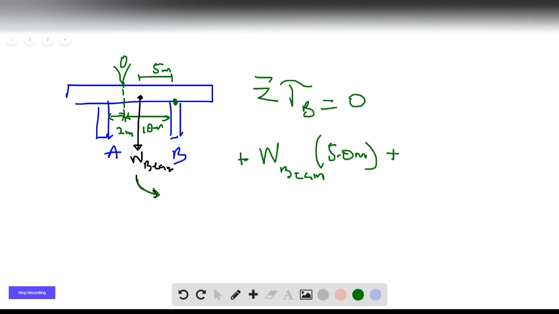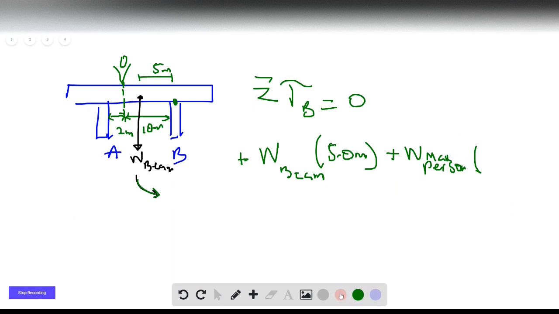plus the weight of the person, or we call it the maximum weight of the person, times this distance.